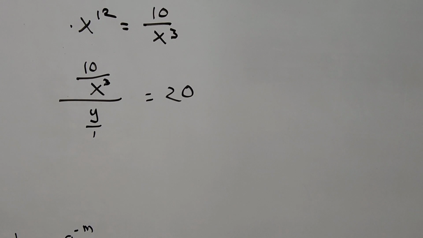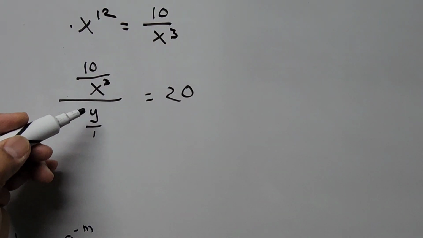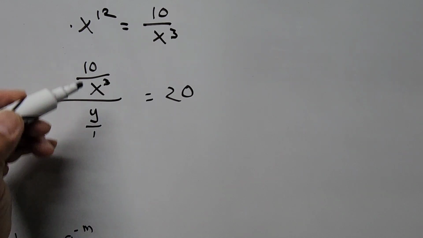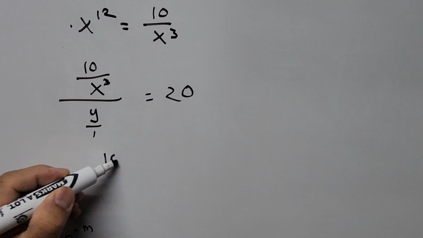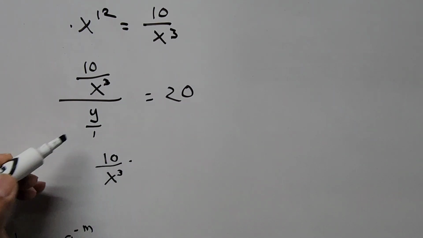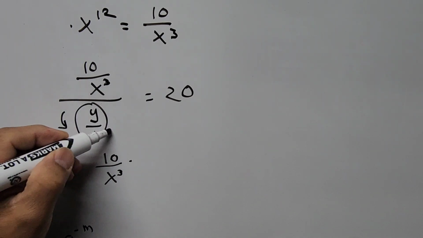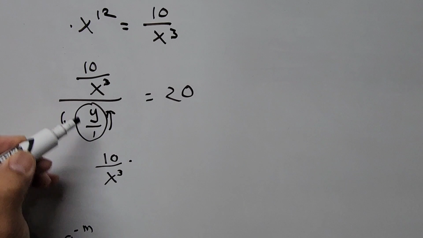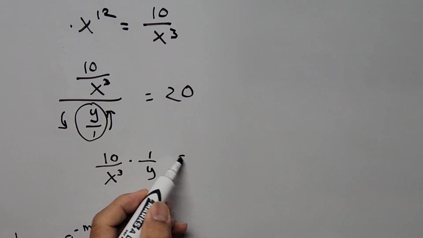Simplifying this equation further, this is division, and we can convert this division into multiplication. So copy the term on top, the numerator, that is 10 divided by x cubed, times the reciprocal, so multiplied by 1 over y, and this is equal to 20.